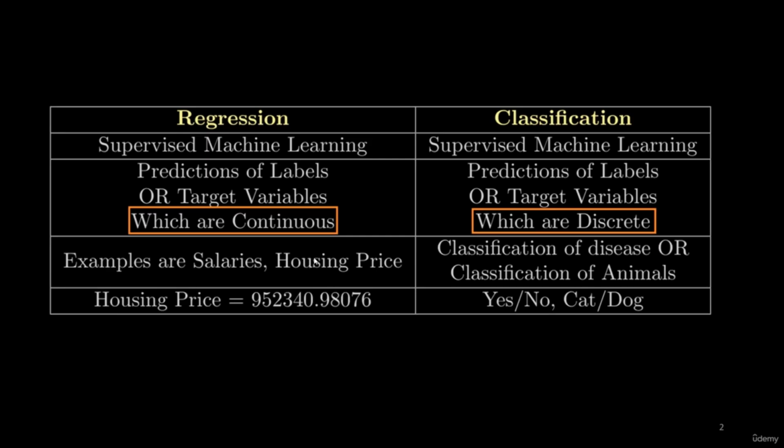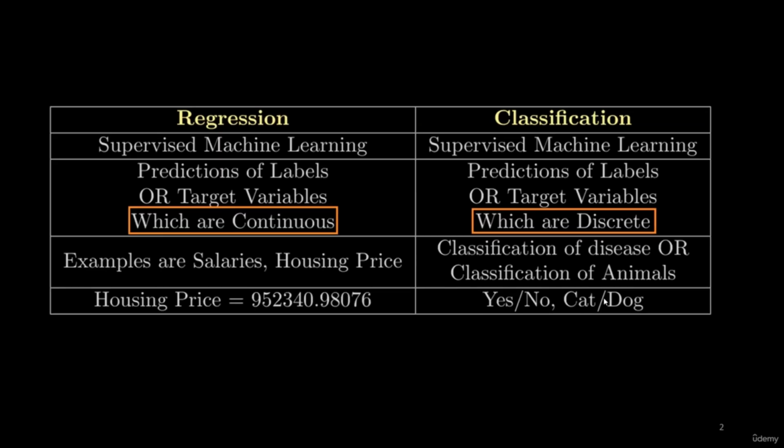This is an example of a continuous target variable, and we can see that after the decimal, this value continues. If we have to predict values like this, we need regression. On the other hand, the categories or target variables in classification are discrete, like yes or no, that is, whether the patient has a disease or not, or whether the animal is a cat or a dog.